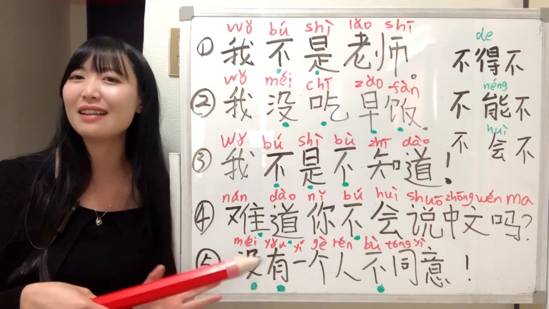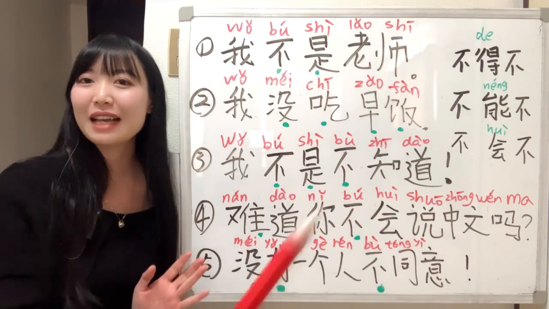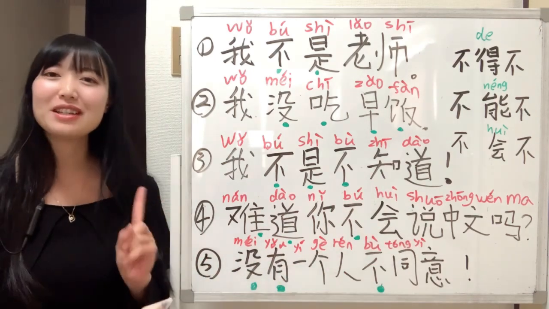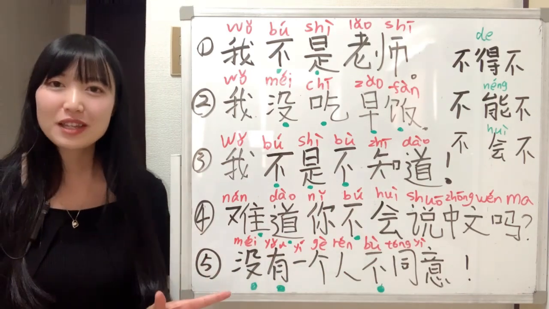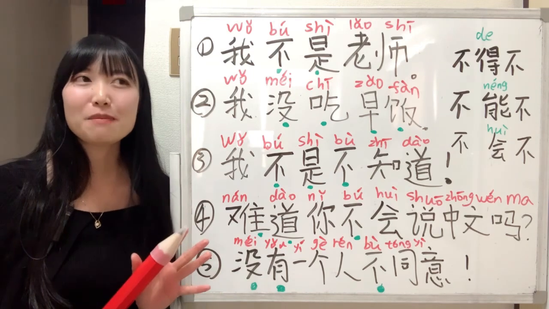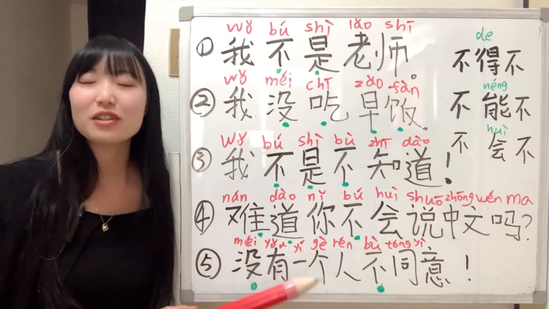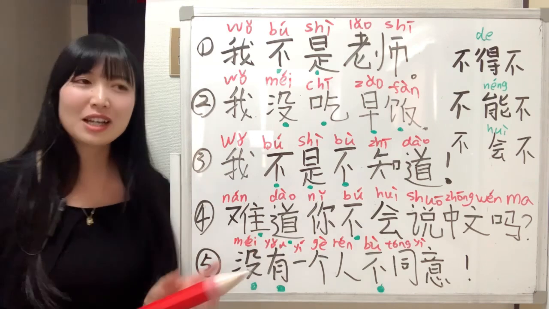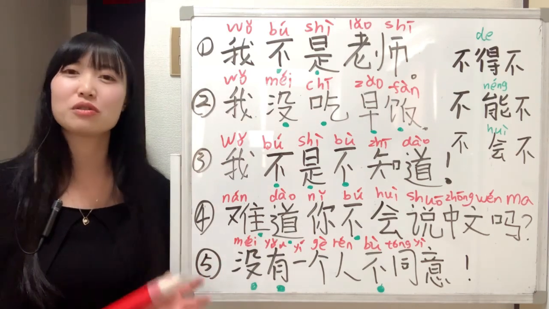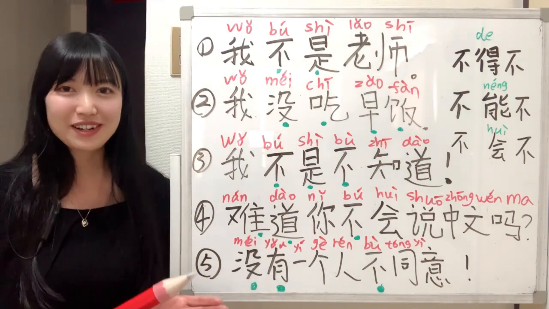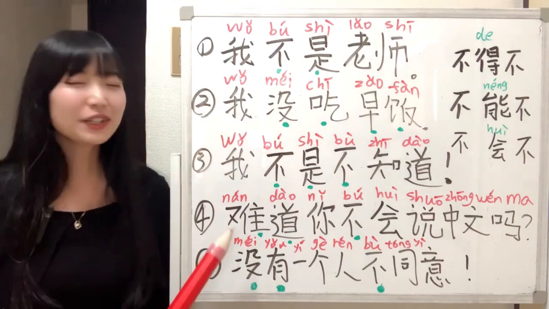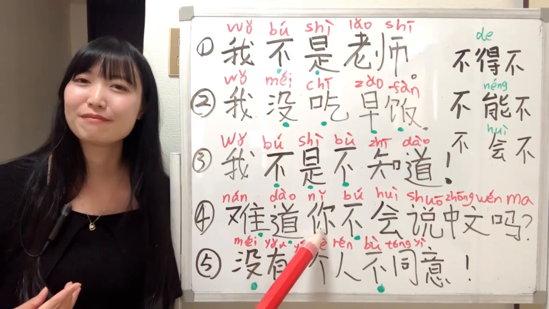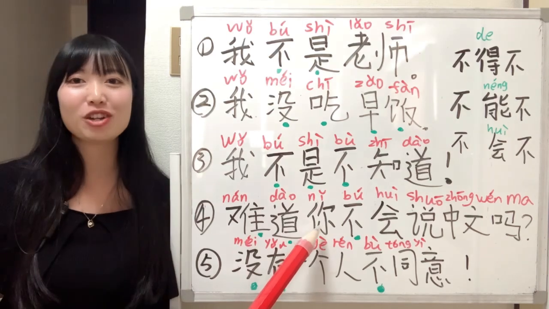So when you see 难道 with 不 and 吗, remember, it's a rhetorical question, and because there's a 不 inside, it's a negation. So negation can also be a rhetorical question. So can't you speak Chinese? Which means you can speak Chinese.